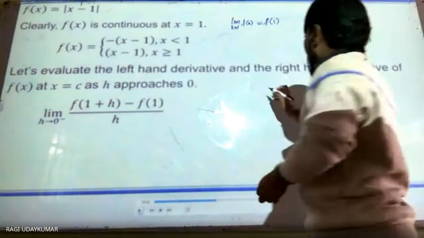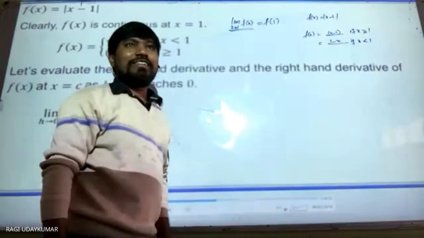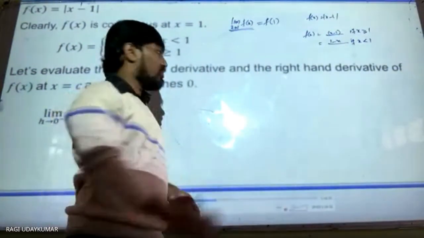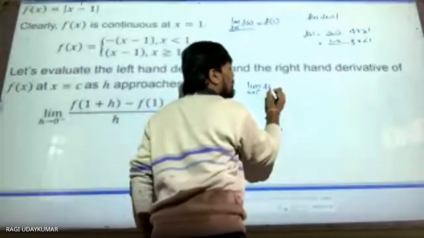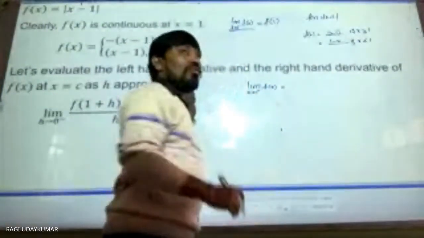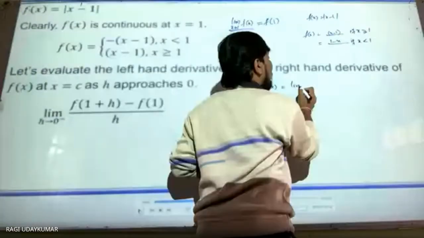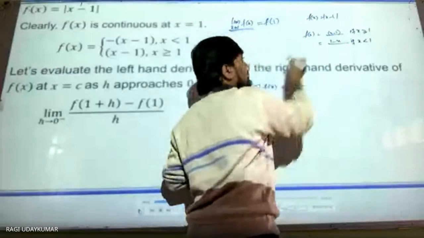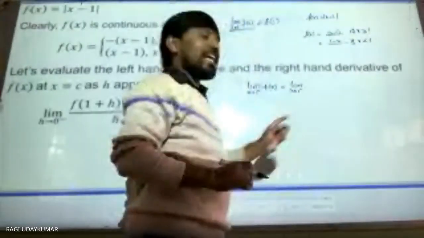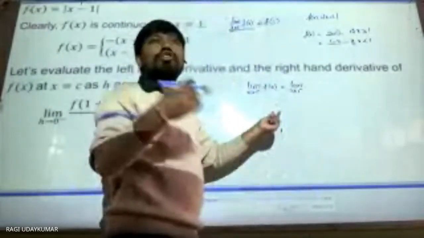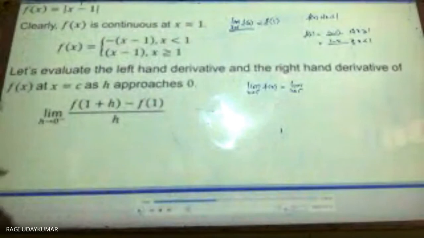So now, what to do here? You need to find the limit as x tends to 1 of f of x. So what do you write here? Limit as x tends to 1 minus of f of x you need to take. Once it is less than 1, the function is the second one, because it is approaching 1 but less than 1.